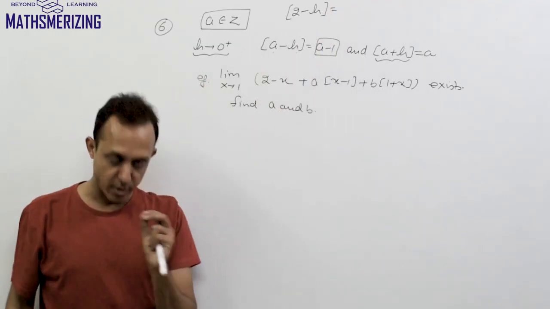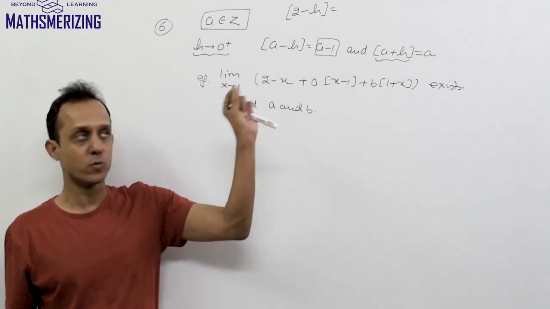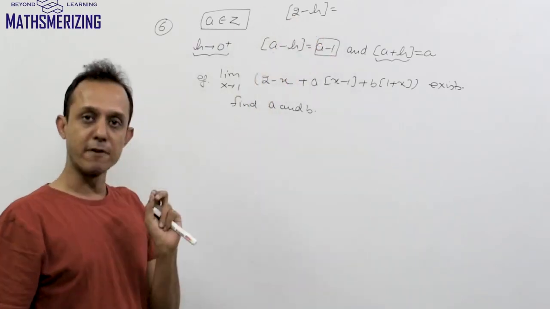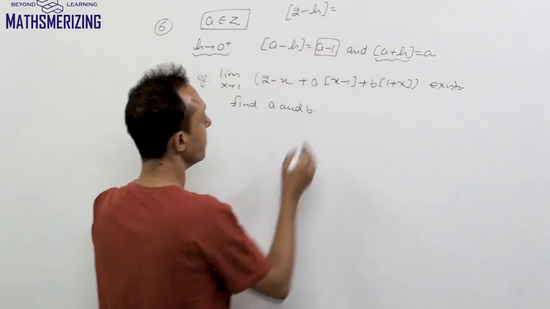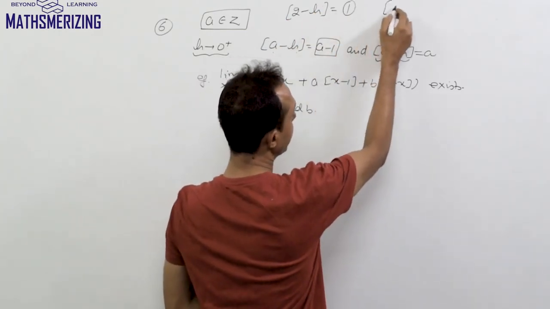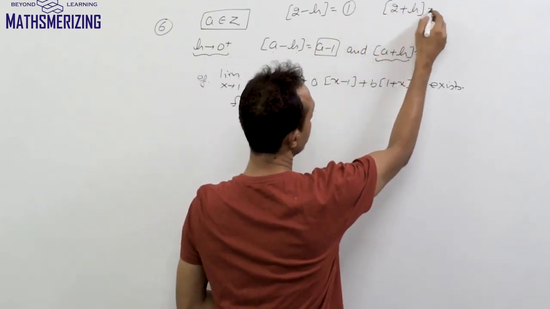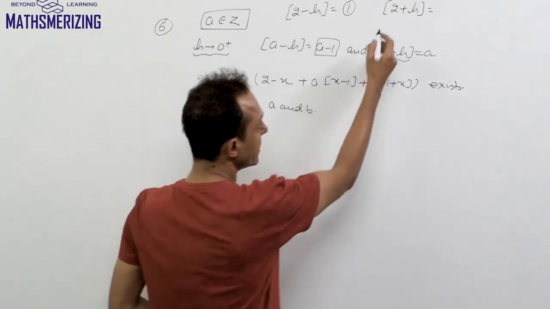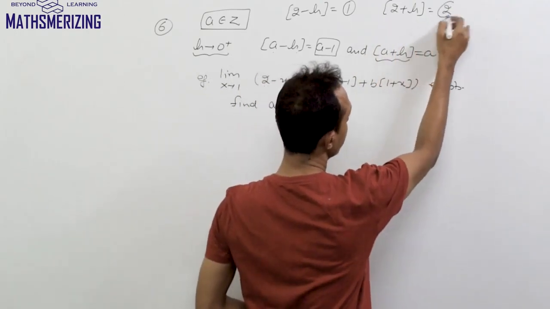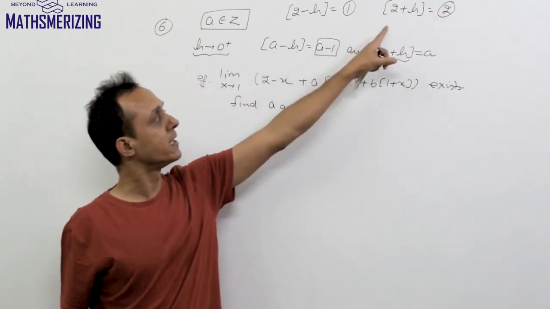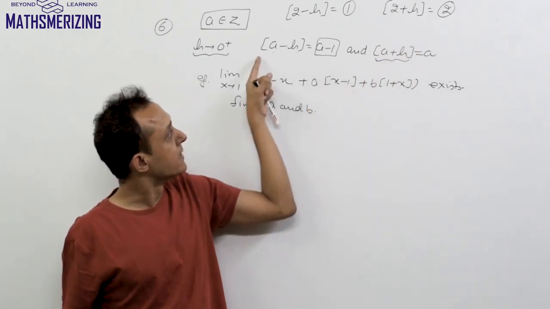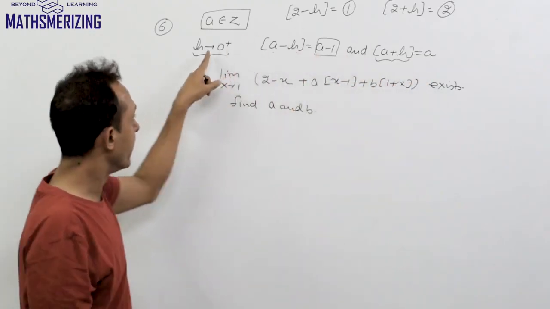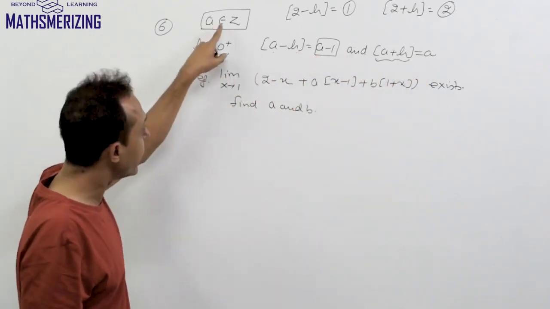Now h is a very small positive number, so minus 0.0001 will make it 1.99999 something, and the greatest integer function of 1.99 something will be simply 1. But if I take the greatest integer function of 2 plus h, so there will be 2 plus 0.00000001, so in that case this value will be 2 point something. So the value of the greatest integer function of 2 plus h will simply be 2. So if it is a minus h, it will be a minus 1, and if it is a plus h, then it will be simply a, when h is a very small positive number and a is an integer.